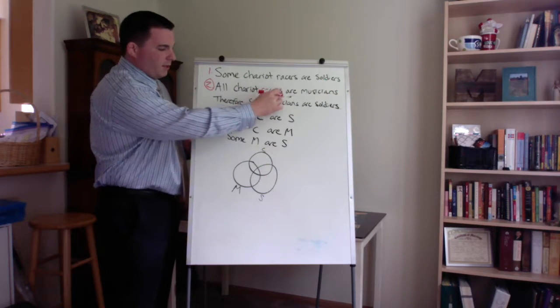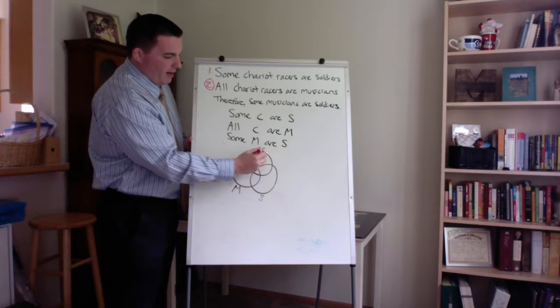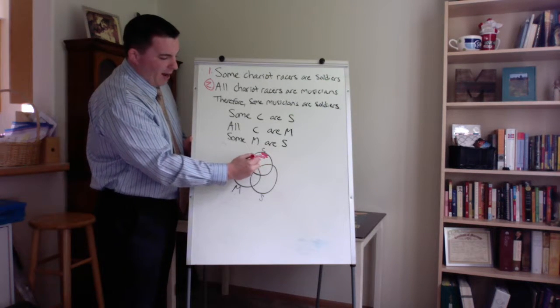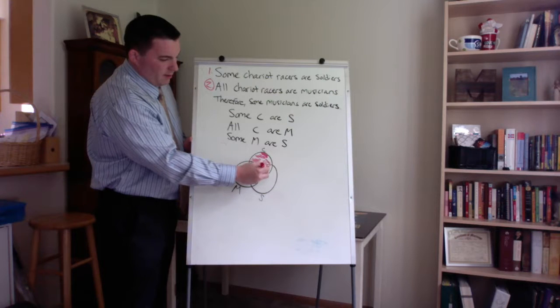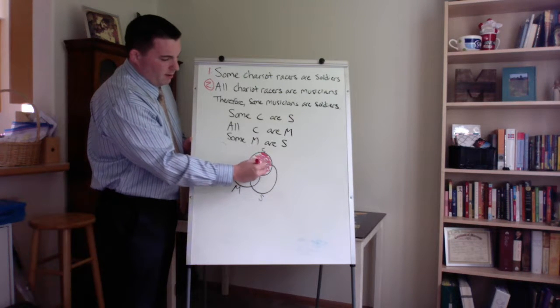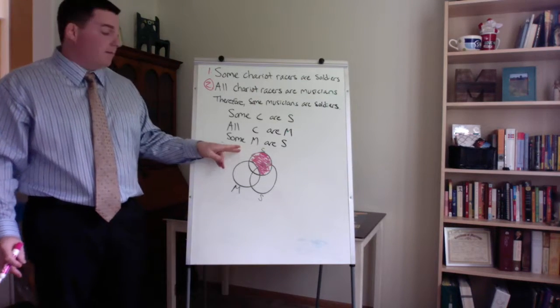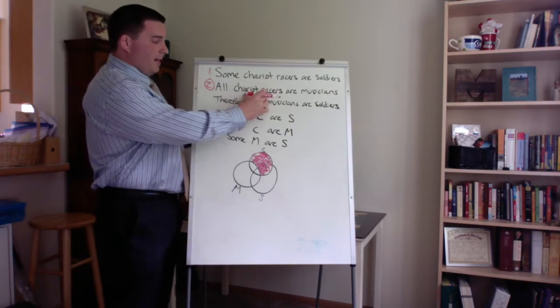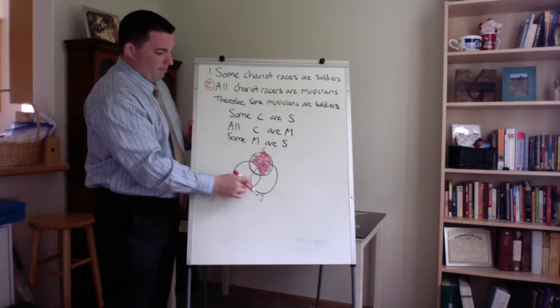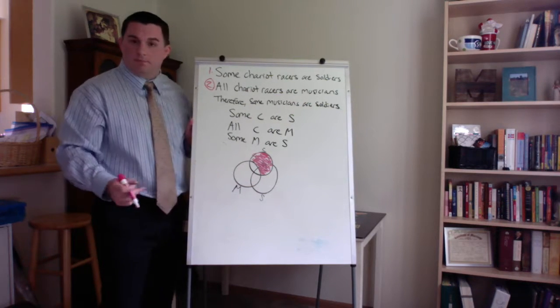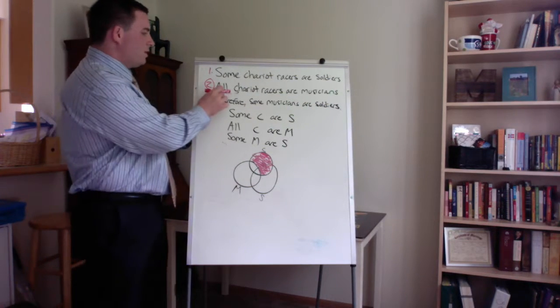All chariot racers are musicians. So everything that's in the C but outside of M is what we are going to shade. Okay. So that tells us nothing is there. If there is a C, it's an M. So it's somewhere in the M circle. Okay, so that's premise 2.